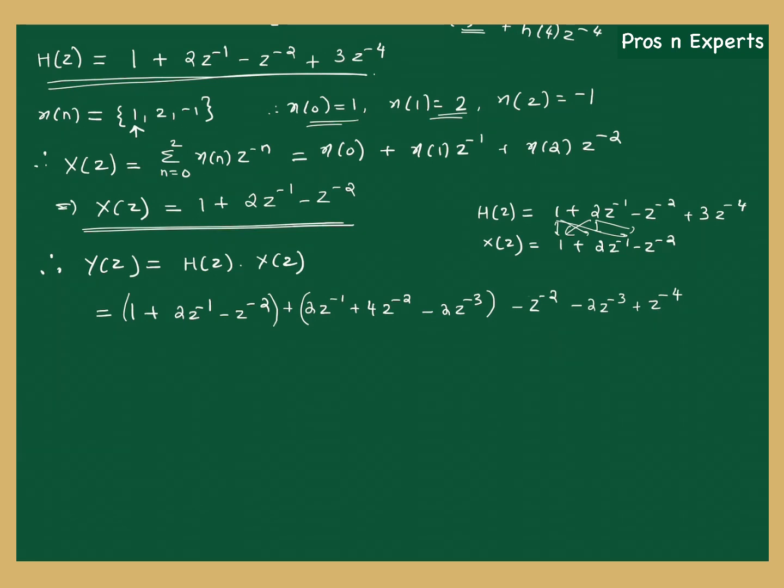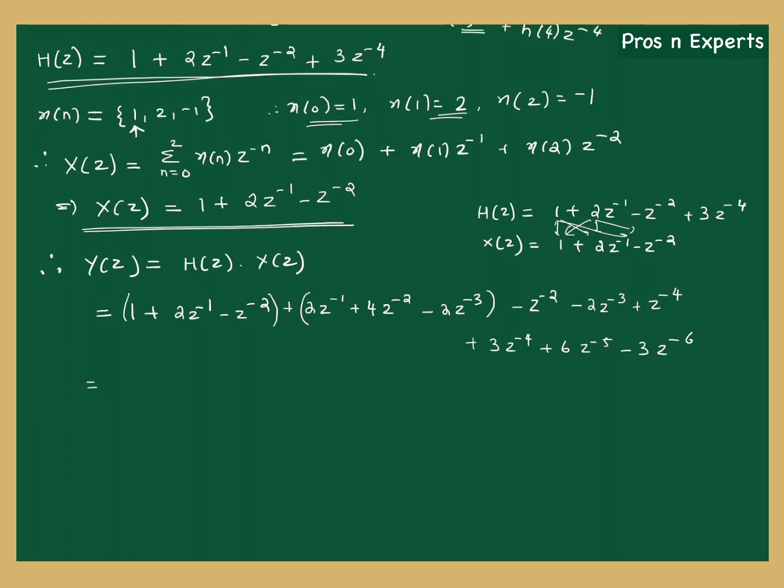Okay, plus 3z inverse 4 plus 6z inverse 5 minus 3z inverse 6. Okay, this might be the output, the product.